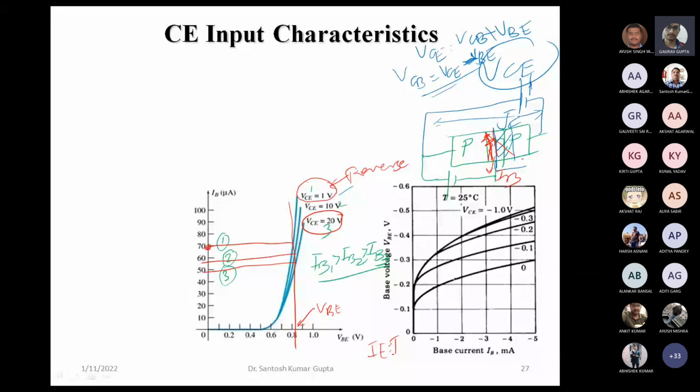So if IC is less, then IB is going to be more because IE is fixed. Because of this reason, we see that when the reverse bias voltage VCE is increased, the base current is going to decrease, which means the collector current is increasing.